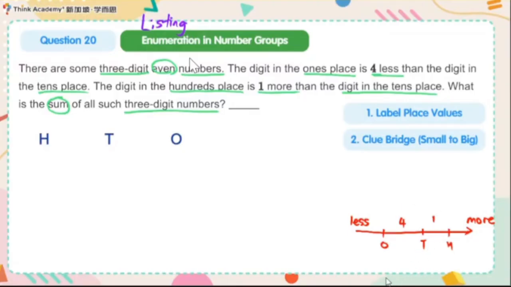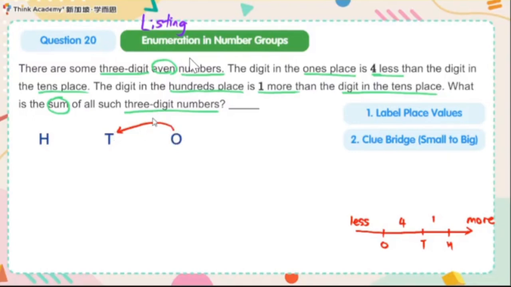And with that, do you know where I should start drawing the bridge? I should start from the ones place. The ones place is 4 less than the tens place. So what we will do is draw from ones to tens. We start from the smaller place value digit to the larger one.